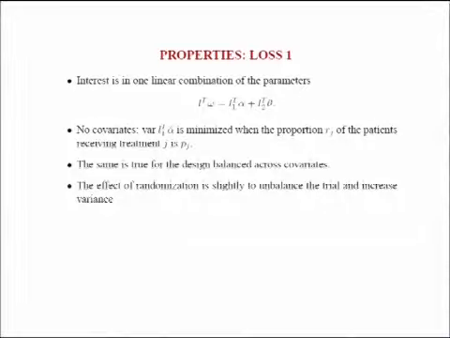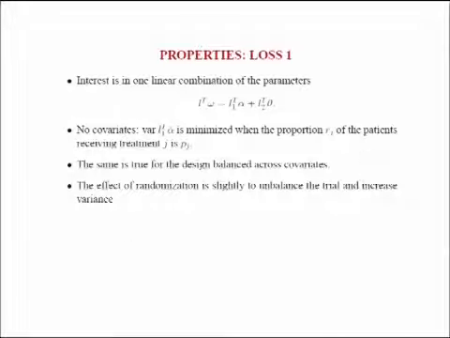We're interested in a linear combination of the parameters. Suppose we've got a balanced design or we don't have any covariates, then the variance of this linear combination is minimized when the proportion Rj of the patients receiving treatment J is Pj, and the same is true for the design with balance across covariates.